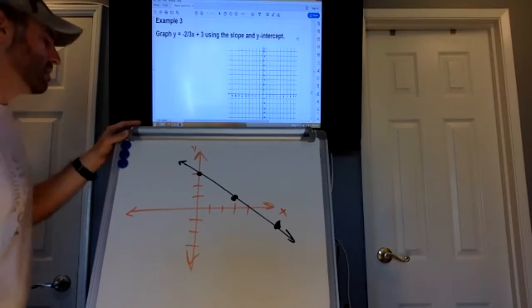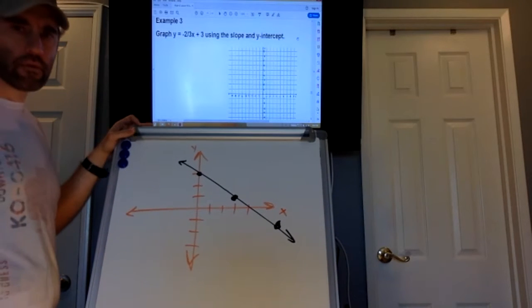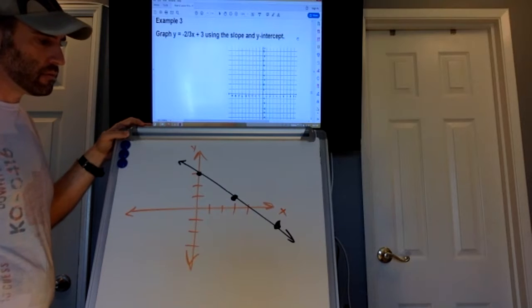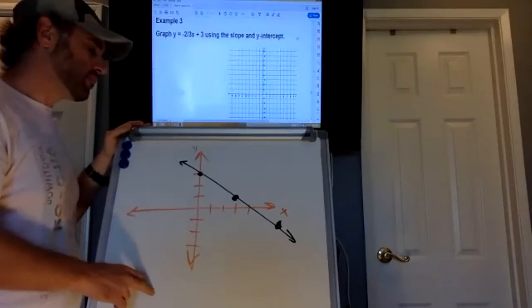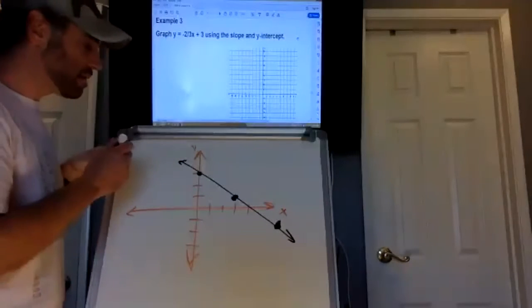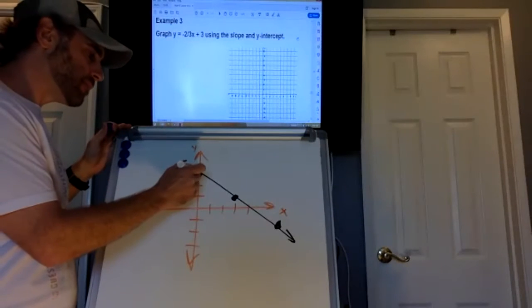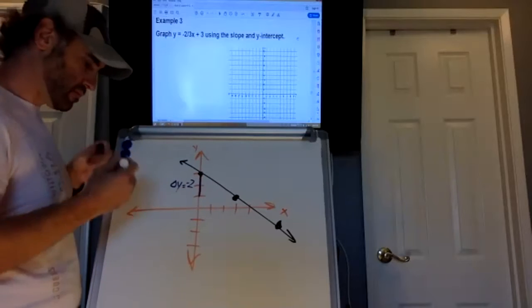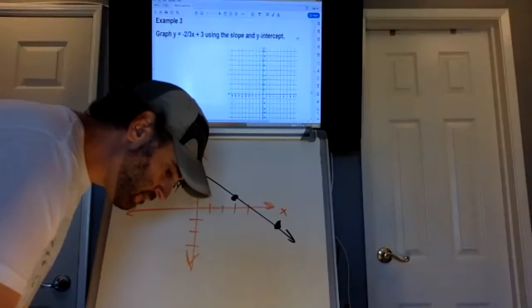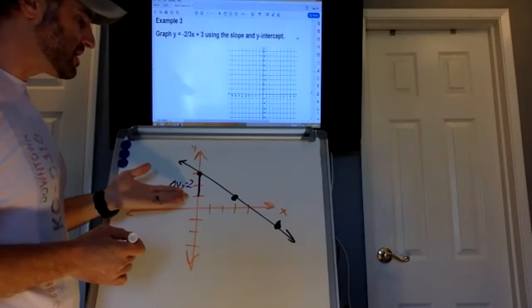Okay. Any other questions? For the middle point, how did you get 3, 1? Because I came down 2 and I went over 3. I made a movement. I made a delta y of -2. And then you can't do that by itself.